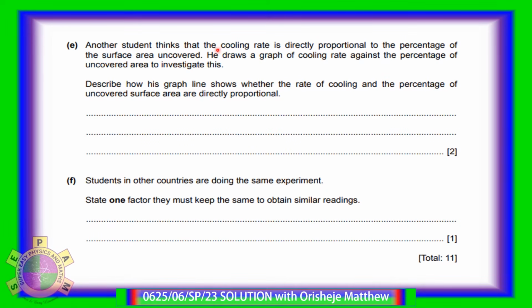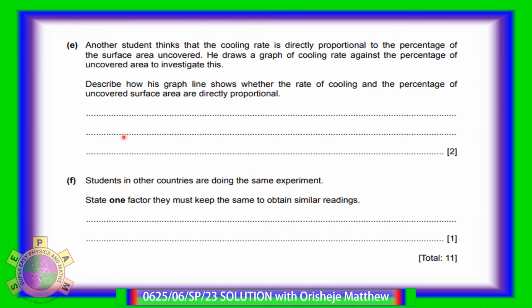Another student thinks that the cooling rate is directly proportional to the percentage of the surface area uncovered. He draws a graph of cooling rate against the percentage of uncovered area to investigate this. Describe how his graph line shows whether the rate of cooling and the percentage uncovered area are directly proportional.